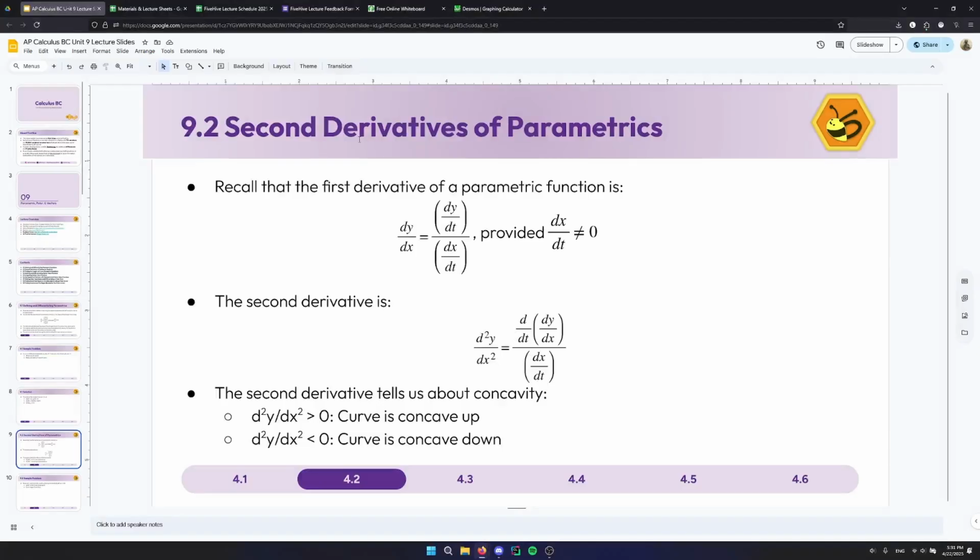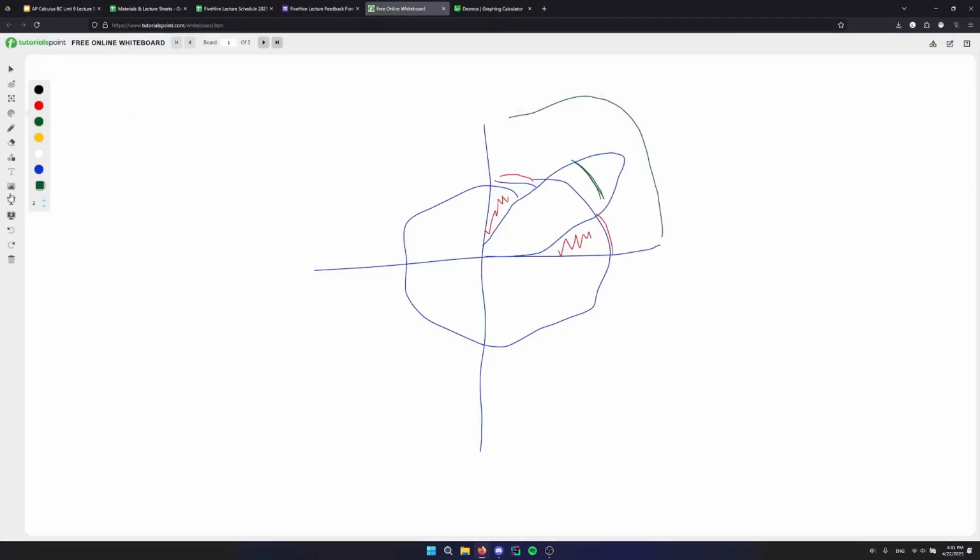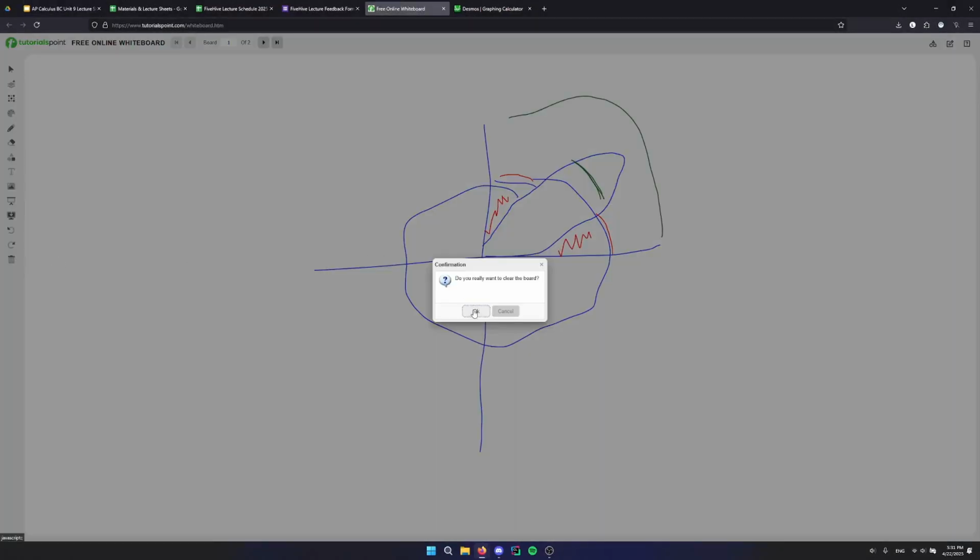So let me use my whiteboard. We know we have our second derivative, d²y/dx². To take our second derivative, we of course need to differentiate our first derivative. So if we differentiate dy/dx in terms of t, this is basically our chain rule.